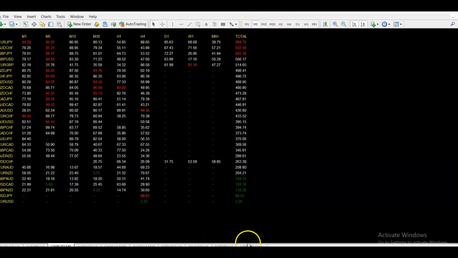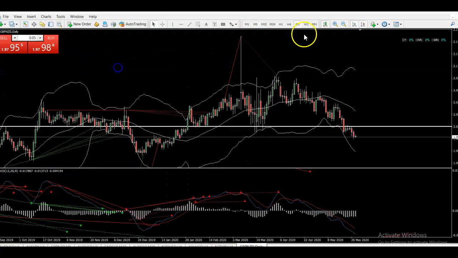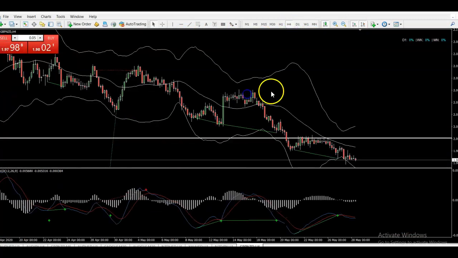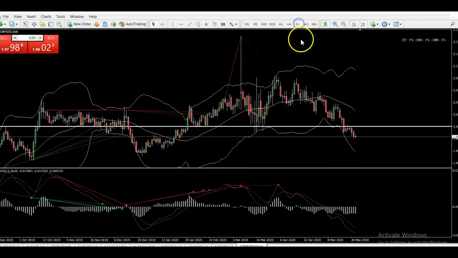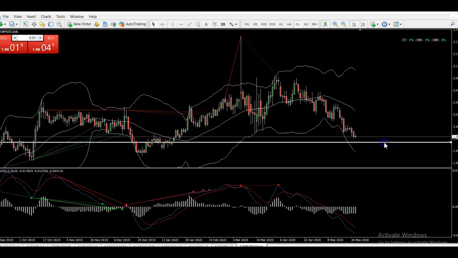British pound Kiwi, you can see we're at the extremes on both dashboards, RSI and stochastic. So let's see if we can get any resistance here or any support.